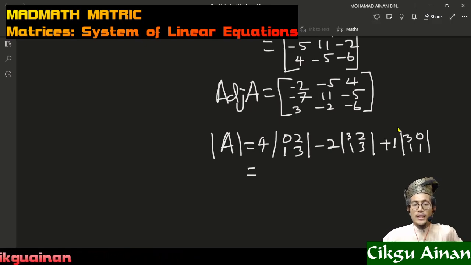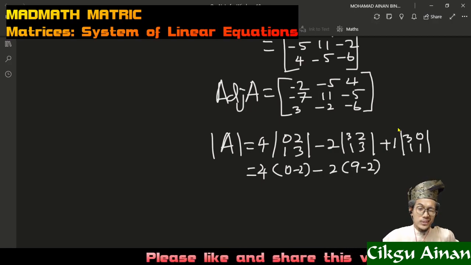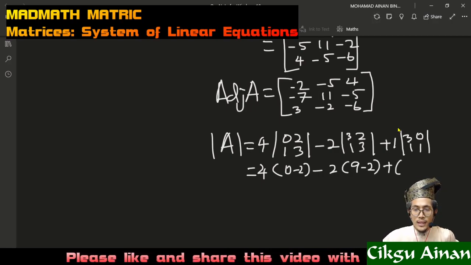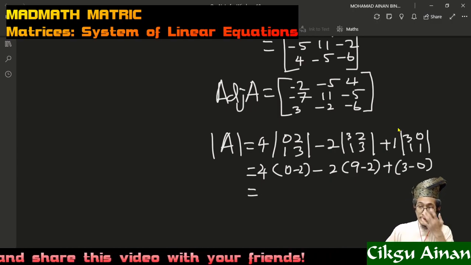So 4, 0 minus 2. Actually, you can use a calculator, but I want to do it manually. Now, 9 minus 2. Plus 3 minus 0. So what is the number?